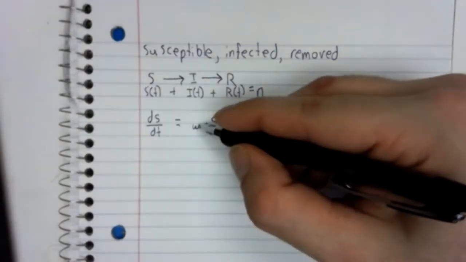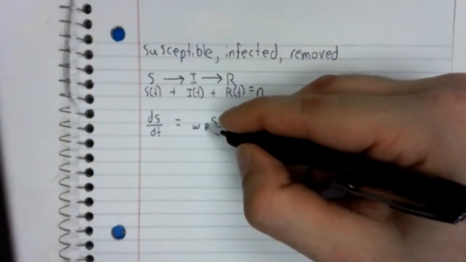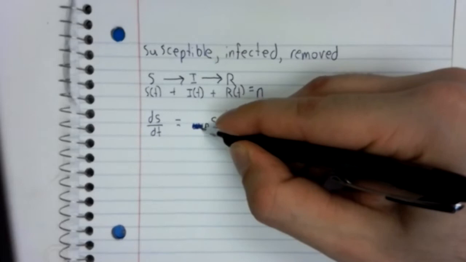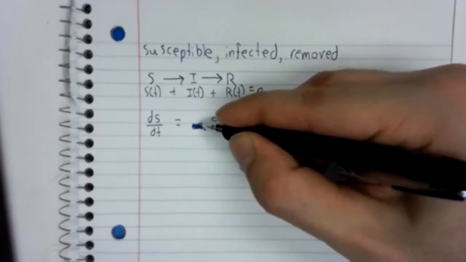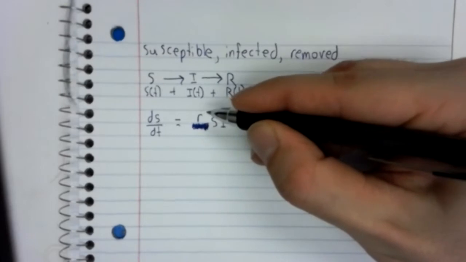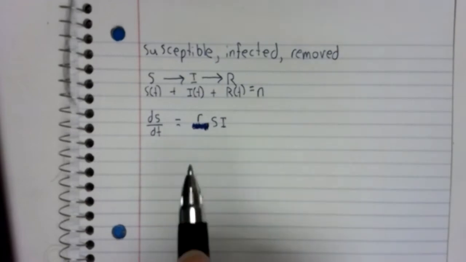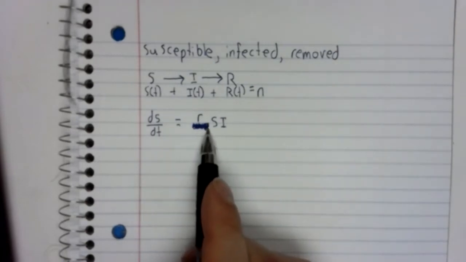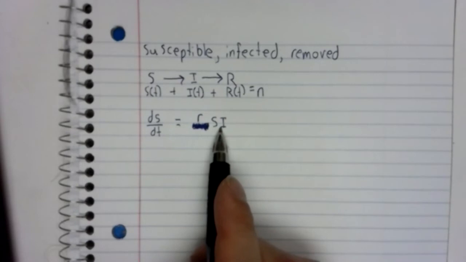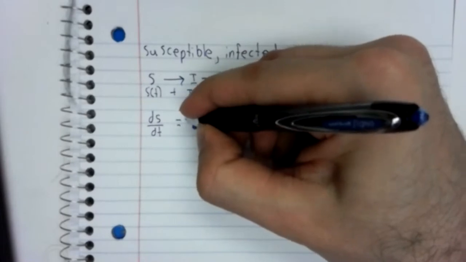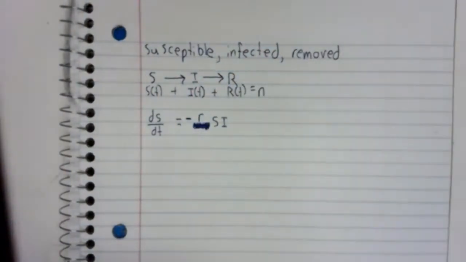Since these are both constant, we'll combine them together. This is the rate at which people are becoming infected, which is also the rate that people will leave the susceptible category.